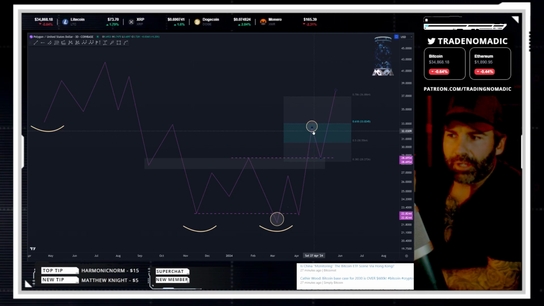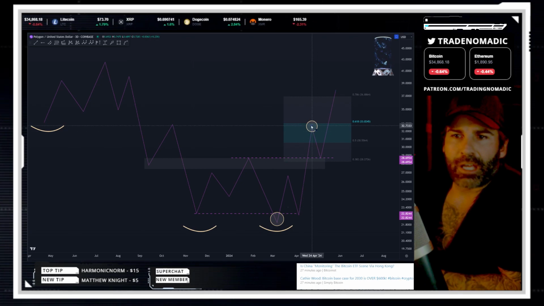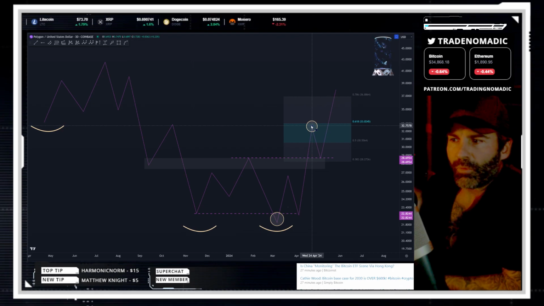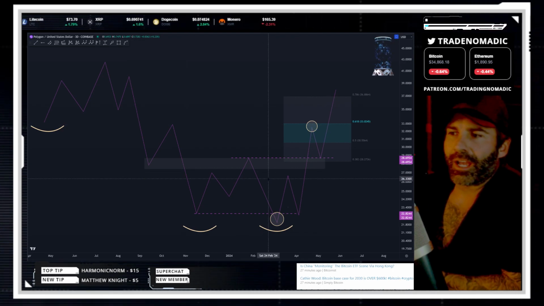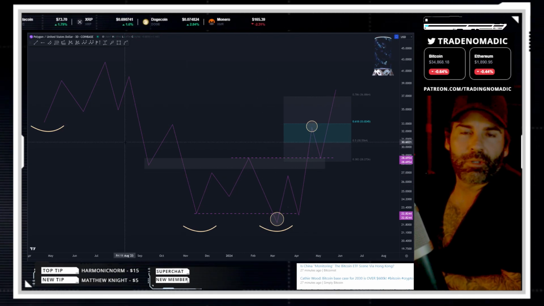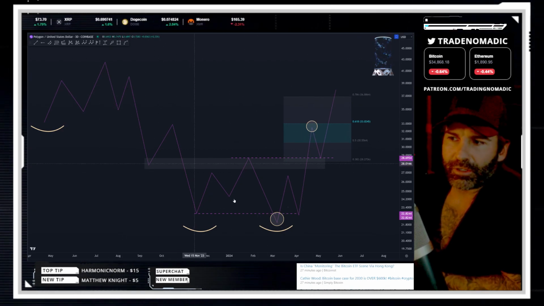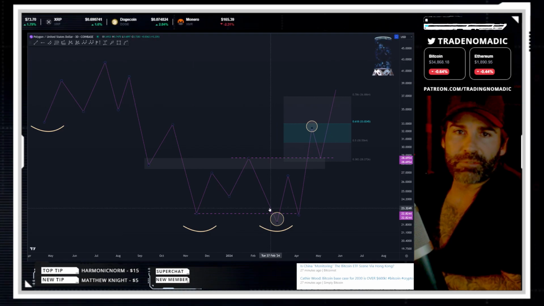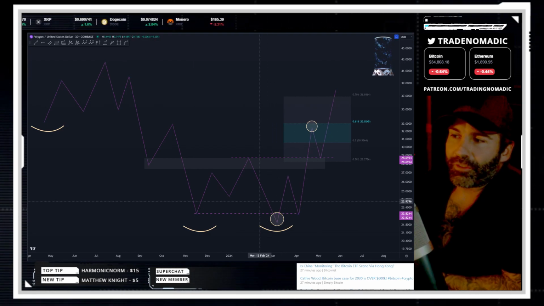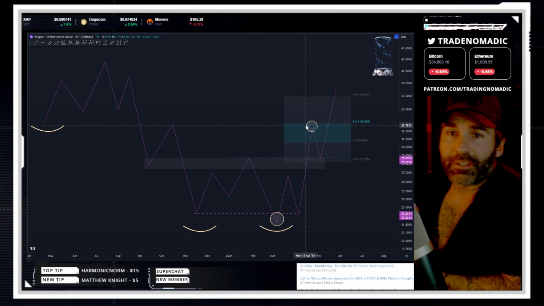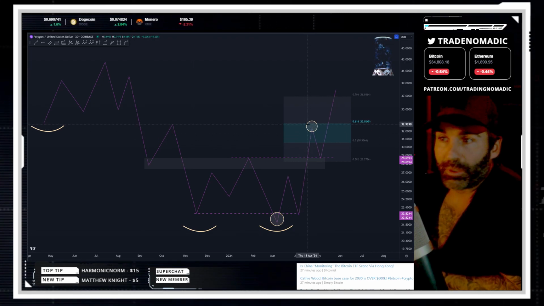Not always, but what I've noticed on lower time frames, or if it's a dragon in a different context, maybe it's after a move up already, like a continuation. This is the correction here, in between two waves up. In those cases, it's really important to watch the 618, because a lot of the times what they'll do is they'll hit the 618 and that's it.